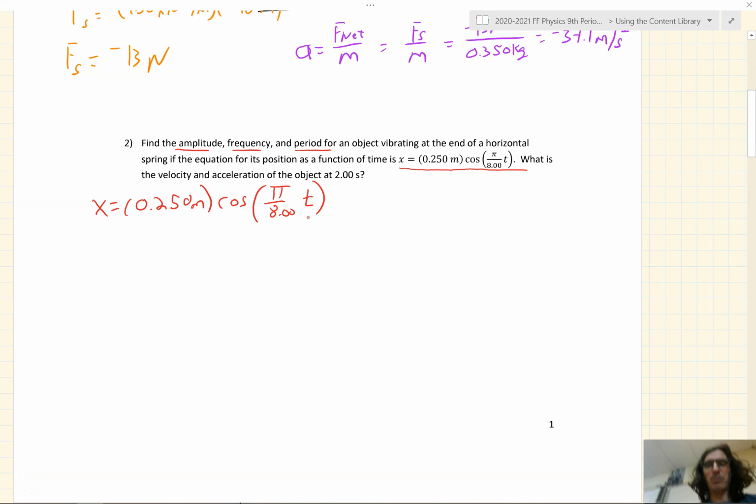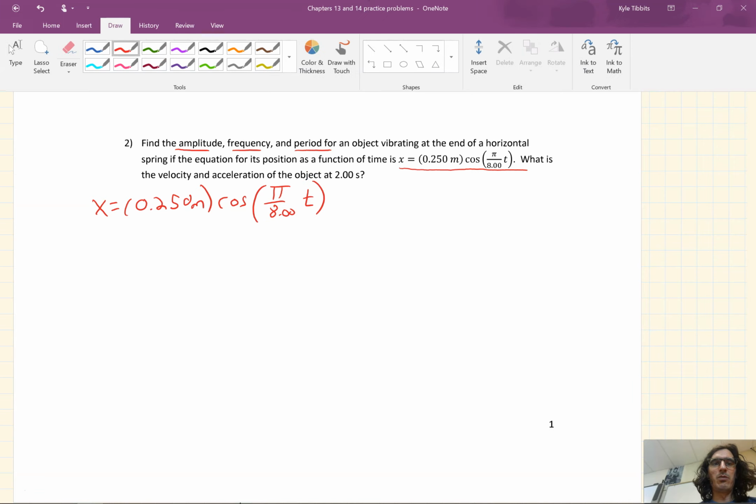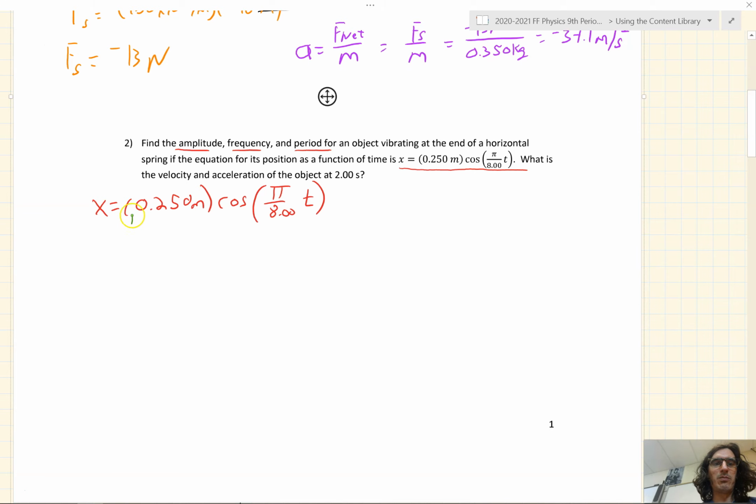If we look at this formula, we know that the first part in front of the trig function, so the 0.250 meters, represents our amplitude. So A, the amplitude, is 0.250 meters. If you look inside the cosine formula, pi over 8 represents the angular velocity of the object, or omega.